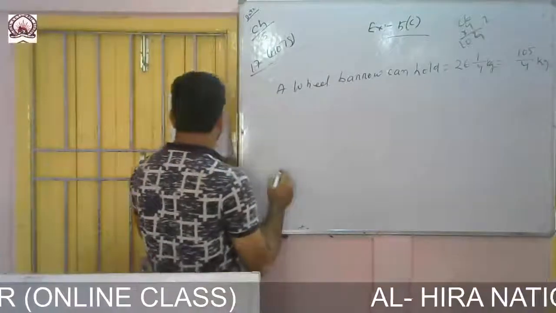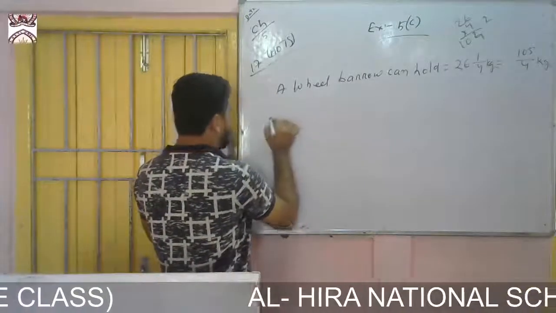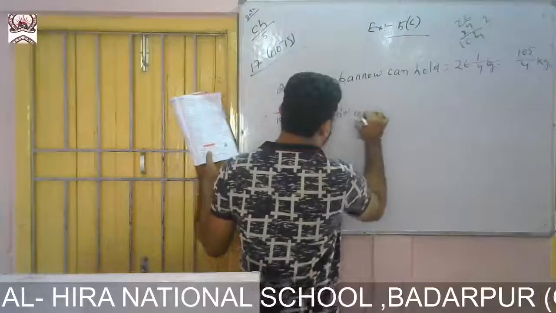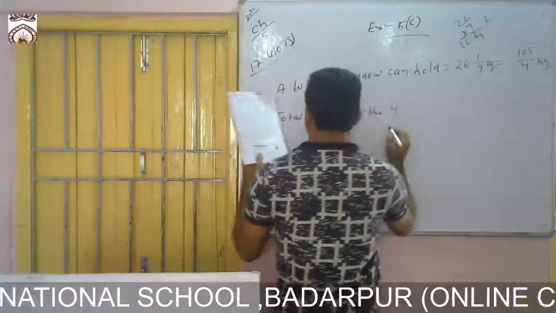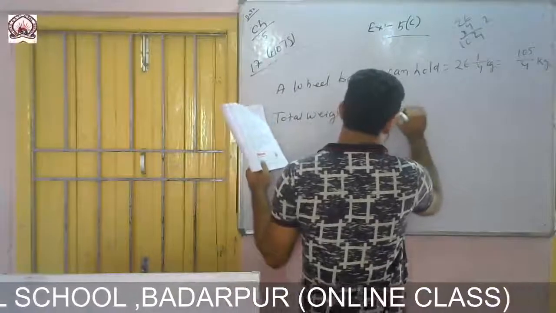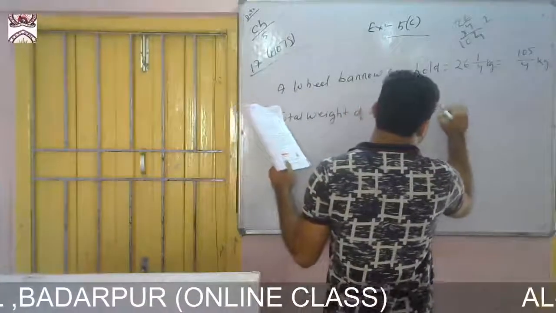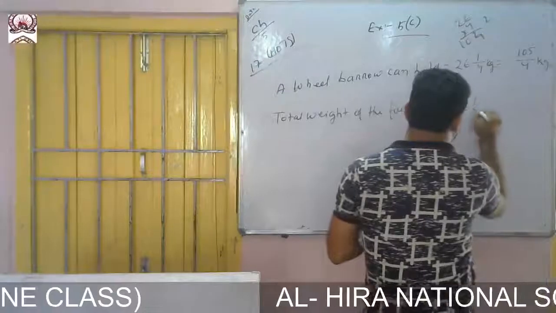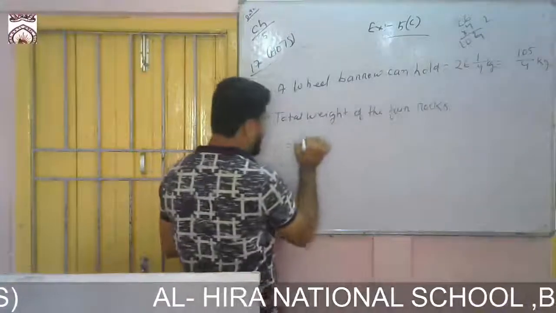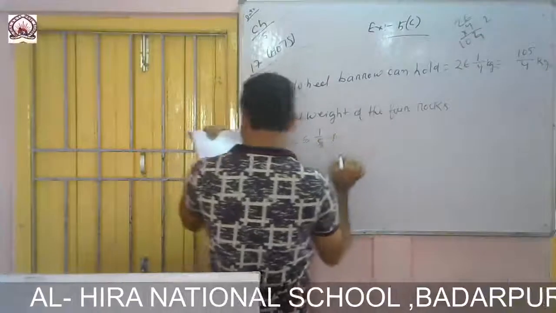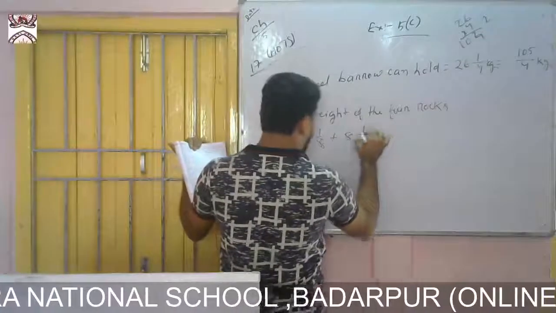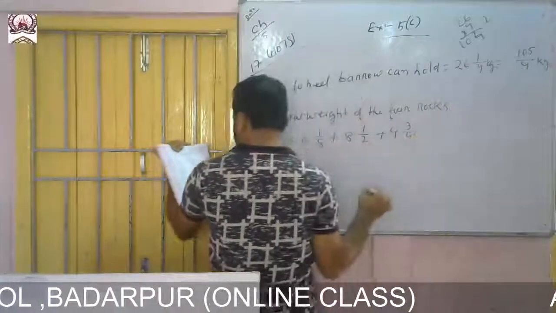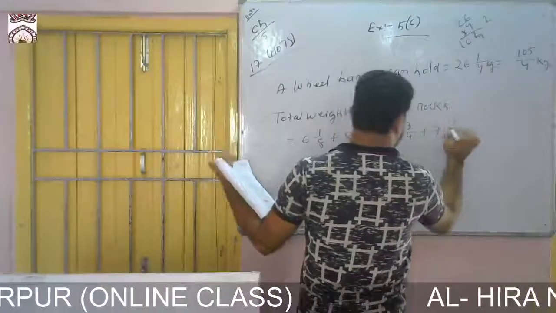Now write: therefore the total weight of the 4 rocks equals, you add all this: 6 1/8 plus 8 1/2 plus 4 3/4 plus 7 1/2.